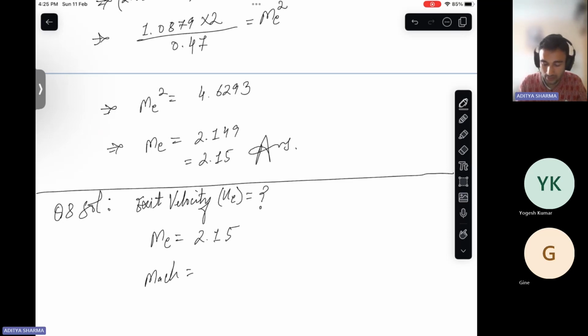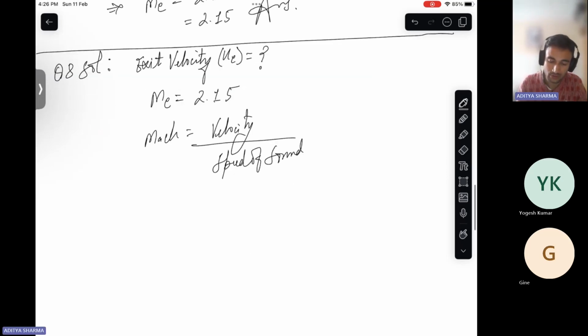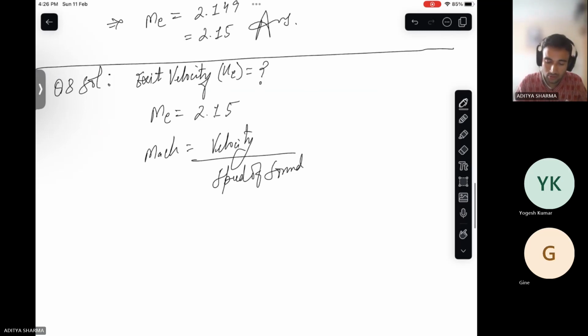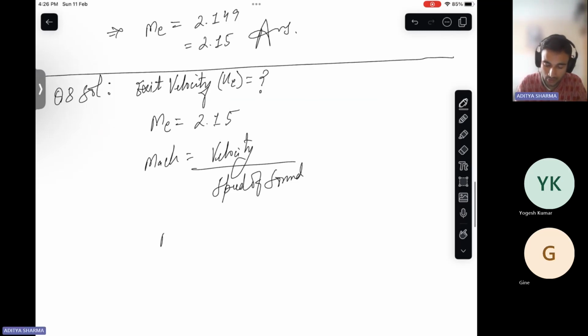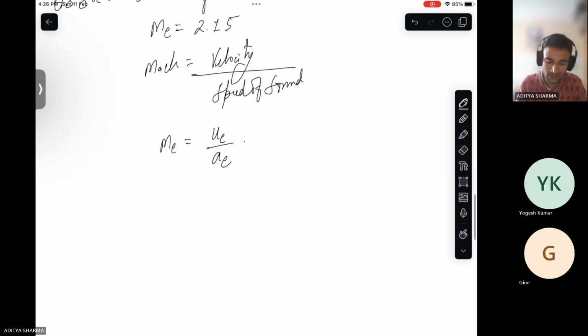Mach is velocity by speed of sound, so in our context it is UE by AE. So 2.15 equals UE by AE.